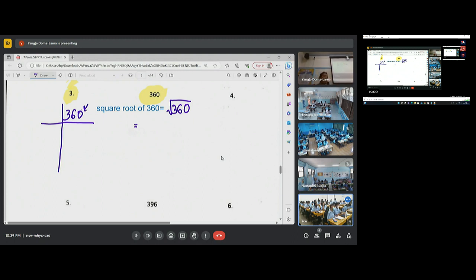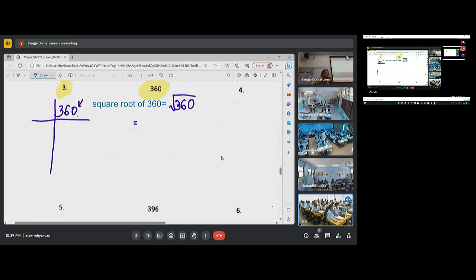And we write 5 because 0 and 5 can be easily divided by 5. 5 how many times? You can divide to 36. 5 6s are? Or 5 7s are? 7 fives are 35. Remainder how many? 1. Now we have 10. 5 how many times 10? 2. Now this is 72.